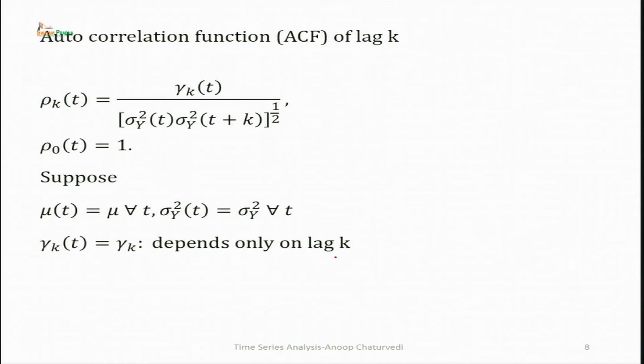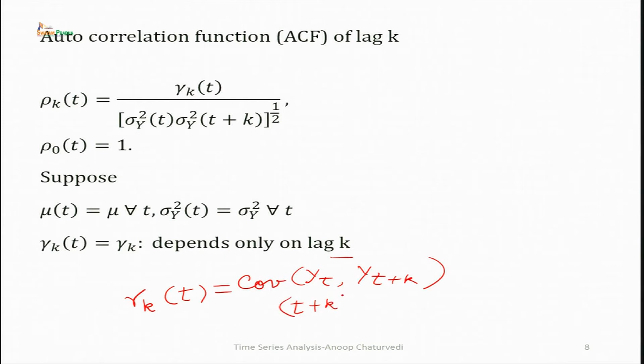Actually, this k is called the lag because, say gamma k t, what is gamma k t? It is the covariance between y t and y t plus k. So, y t plus k is the value of y at time point t plus k, and y t is the value at time point t.